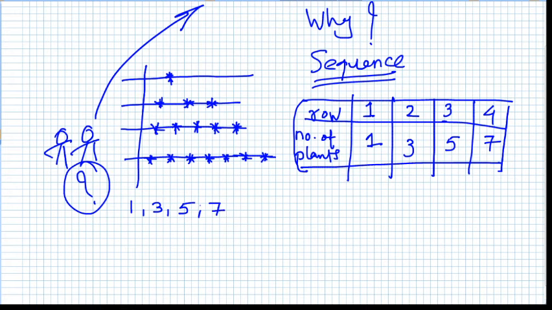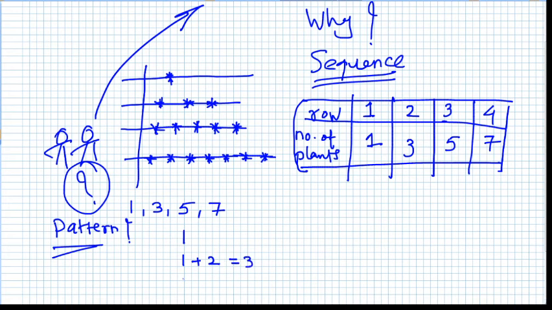He asked the students, can you see a pattern in these numbers? Students, again being very intelligent, said, yes sir, there is a pattern. Suppose I take the first number as 1. The next number I can get by adding 2, so 1 plus 2 equals 3.